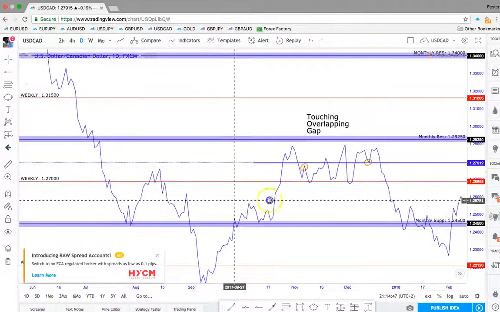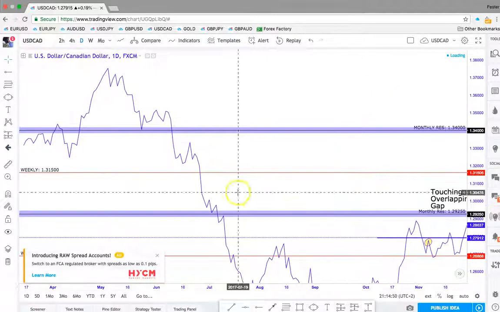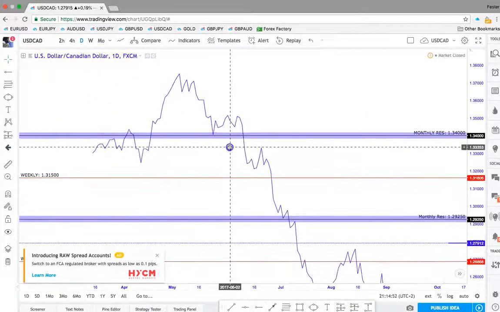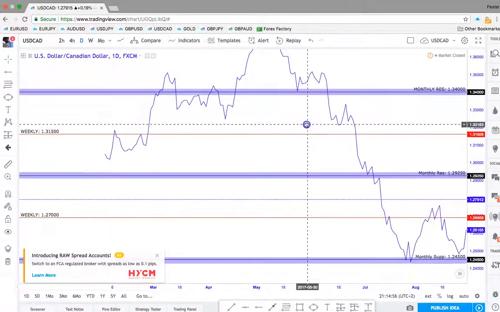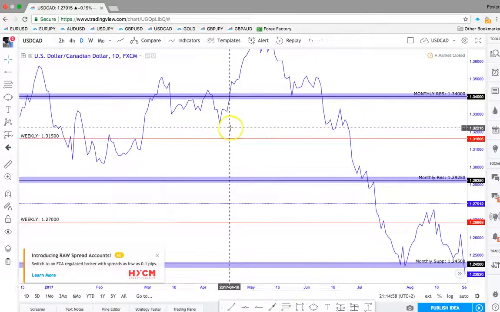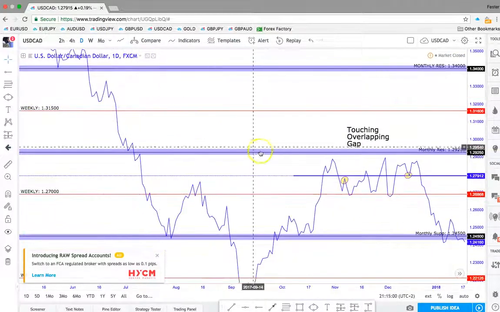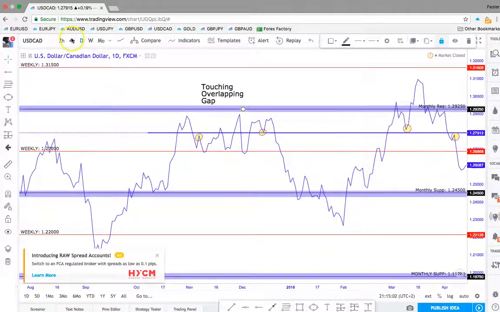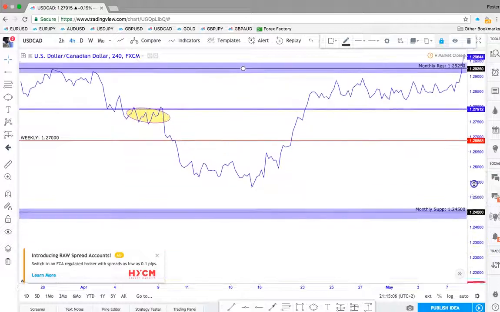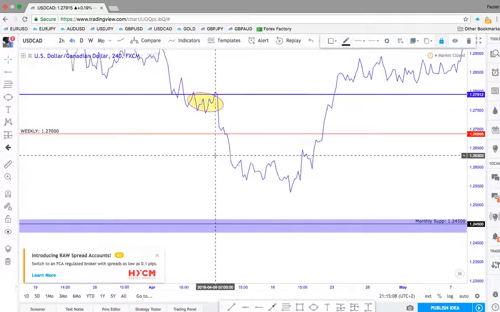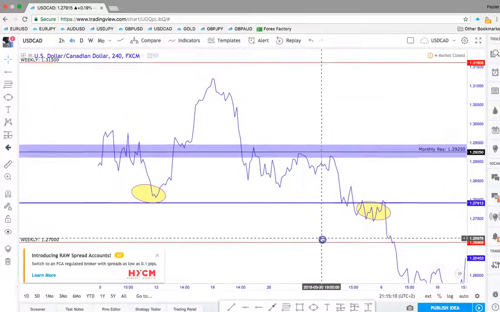Not there. So you don't always find it, but we step to the 4-hour quickly. The 4 hour is a bit all over the place, like squiggly lines.